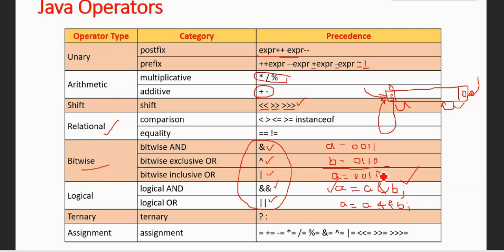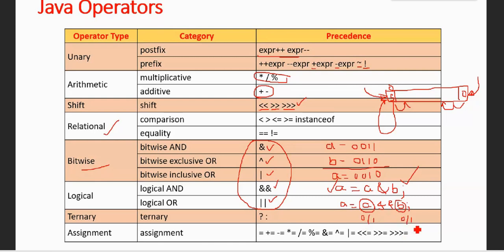Whereas in the second operation, if I write A equal to A double AND B, it will be treated such that A should be either 0 or 1, and B should be treated as a logical 0 or 1, not in the form of a number. So we use the double operator when the value of A is either 0 or 1 and the value of B is either 0 or 1.